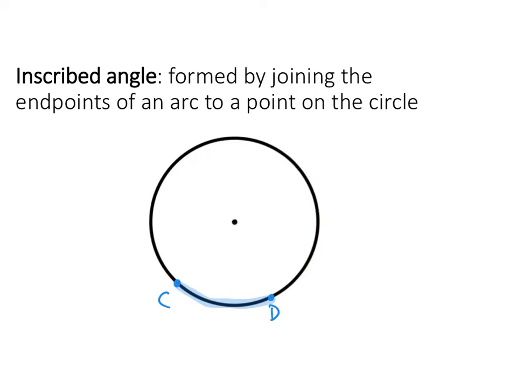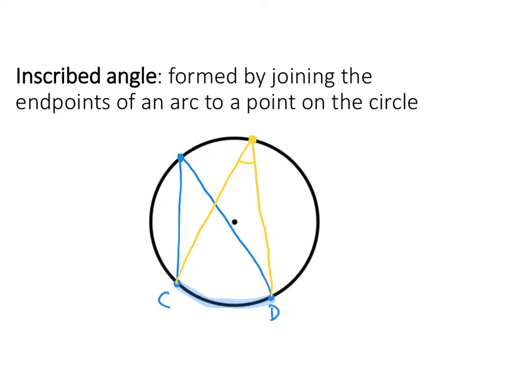So that might look like me going from point C over here, and then point D to that same point. It also could look like going from point C over here, and then point D to the same point.